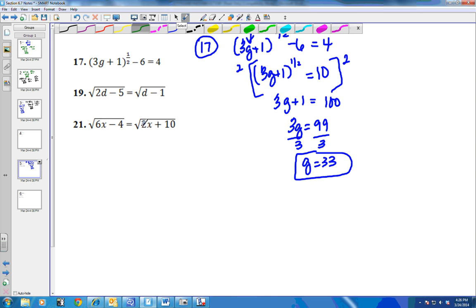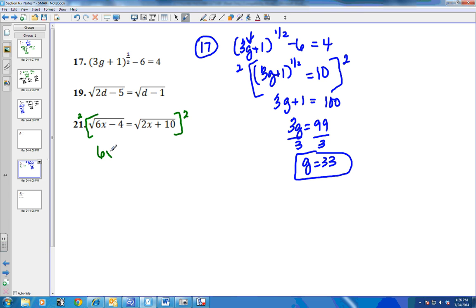On 21, I can't isolate the radical because I have one on each side, so I can just square both sides. And when I square this, I get 6x minus 4. And this one, I get 2x plus 10.